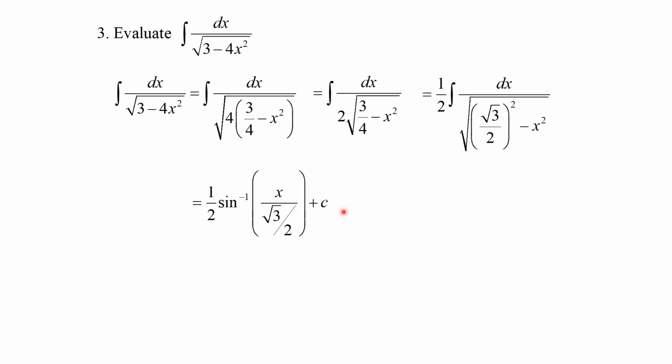And of course, you have to add plus c because this is an indefinite integral. So your final answer, you can rearrange it properly, and for x over a over b, the 2 will go up. So half inverse sine 2x over the square root of 3 plus c will be your final answer for this question.